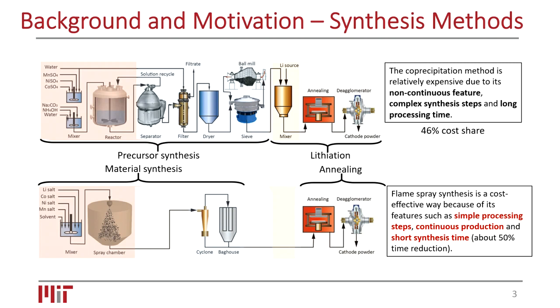The particles are then collected, and for the next step, annealed to get a good crystal structure. This method has a couple of benefits, such as a relatively simple processing step, continuous production, and relatively short synthesis time. We expect that it can reduce the processing time by at least 50%.